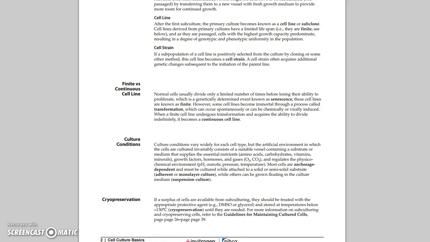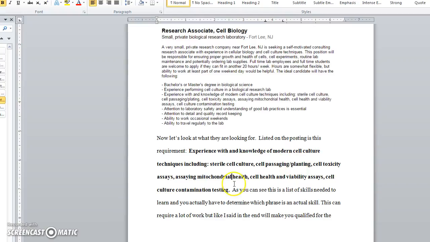See if you can search the other things they were looking for, for instance, cell toxicity. Assays.